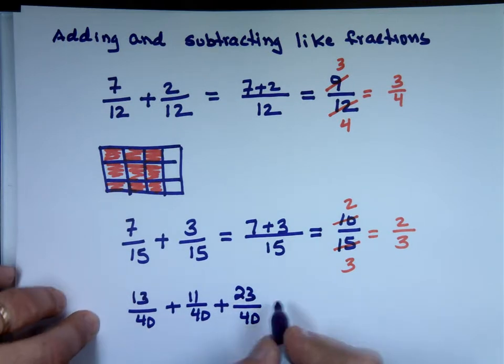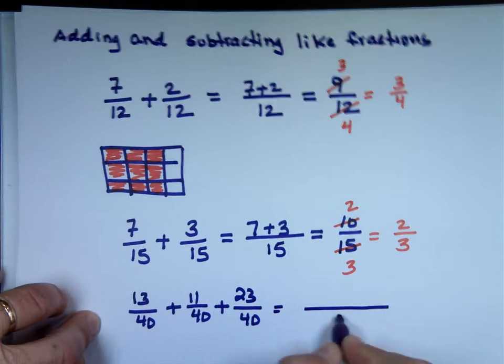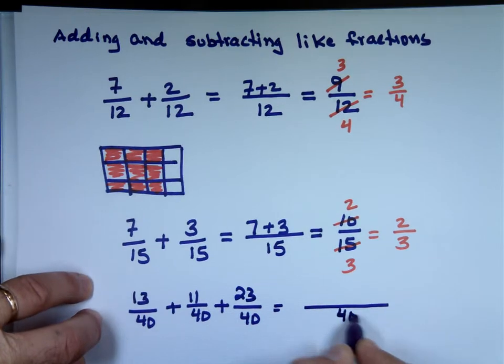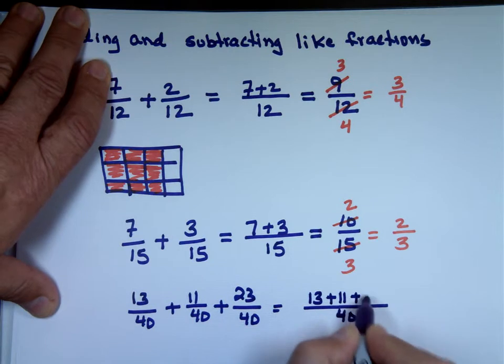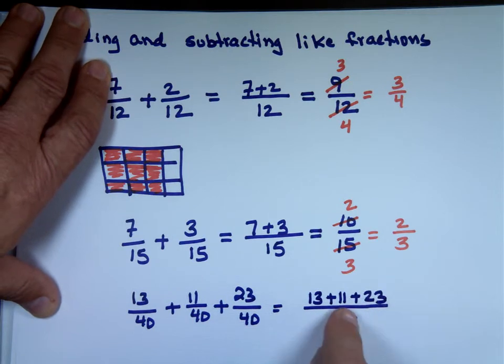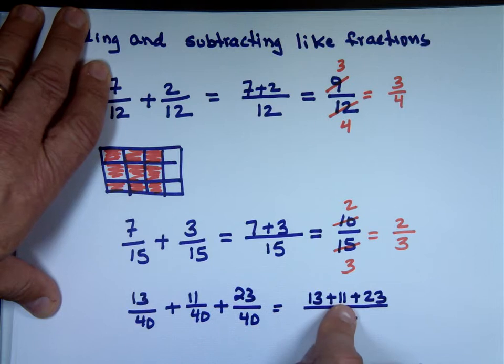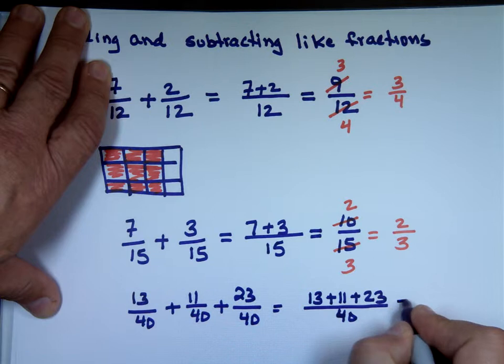The bottom is the same. 13 plus 11 plus 23. Let's add them. What's 13 plus 11? 24, right? 24 plus 23 is what? 47.